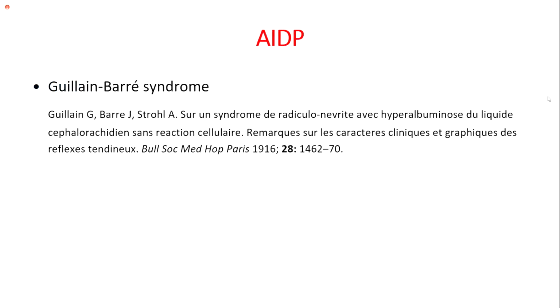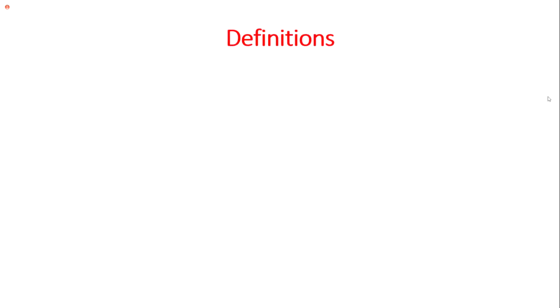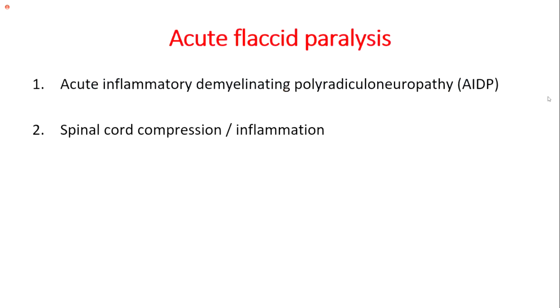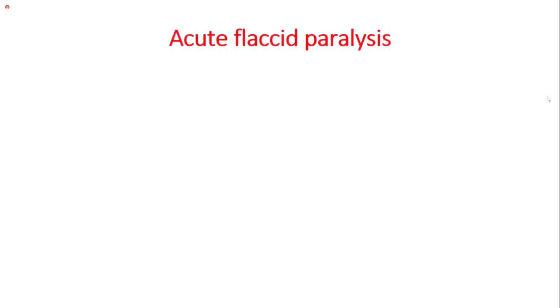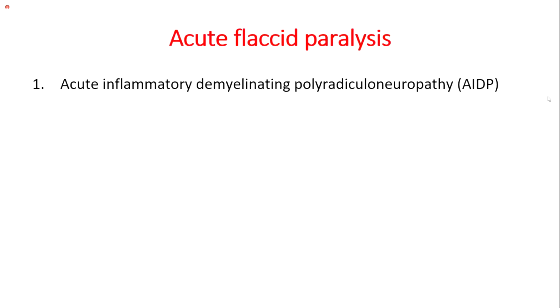Right. Now, coming back to AIDP, let's go to the full term first. Now look at this term, acute. Acute means hours to days. Inflammatory tells you what is the pathogenesis of the condition. It's an inflammatory condition. What does the inflammation cause? Demyelination.